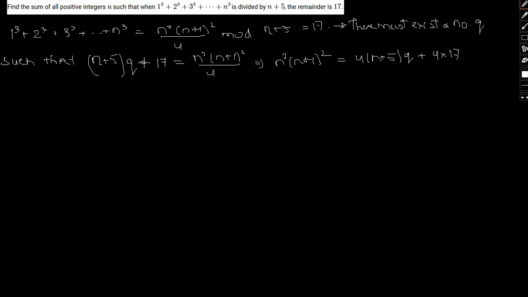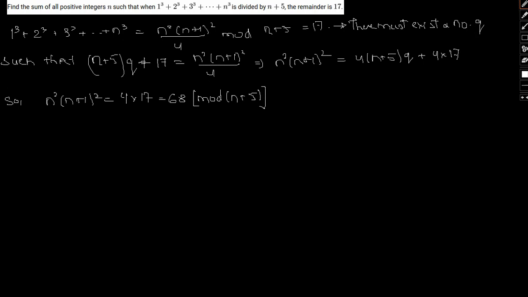So n square (n plus 1) whole square, if we just consider this part, because this is completely divisible by this part, now if we consider this particular part, basically 4 into 17 equal to 68. So this is the condition when mod n plus 5.